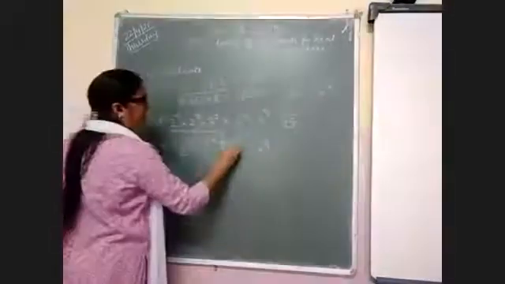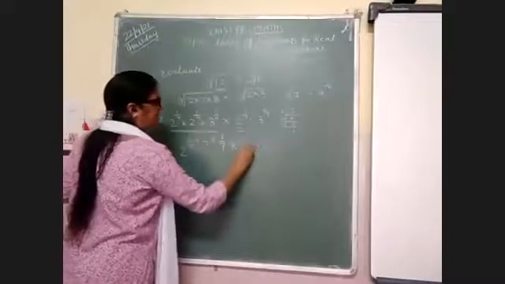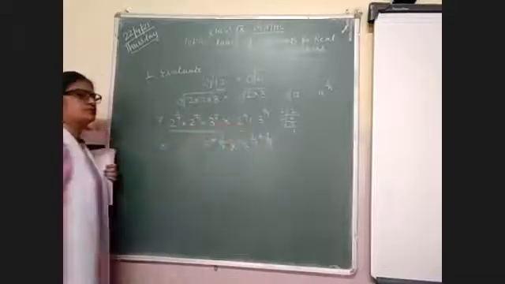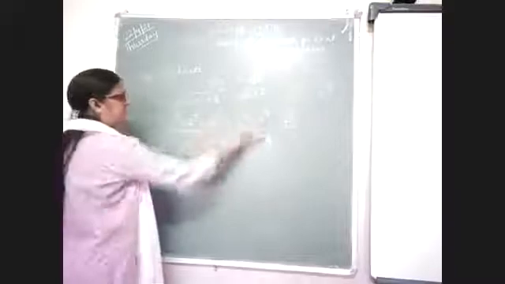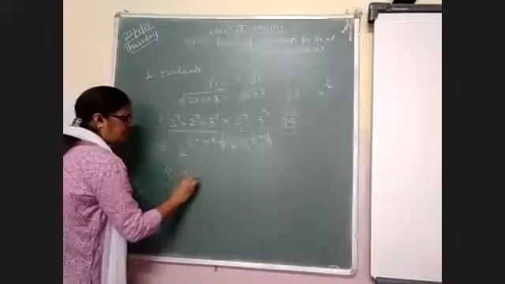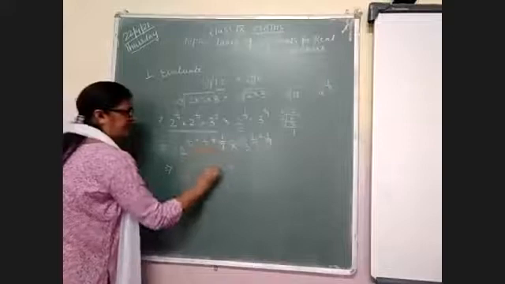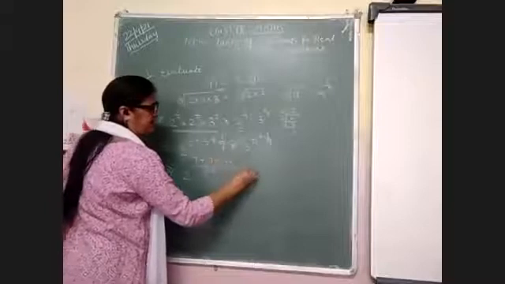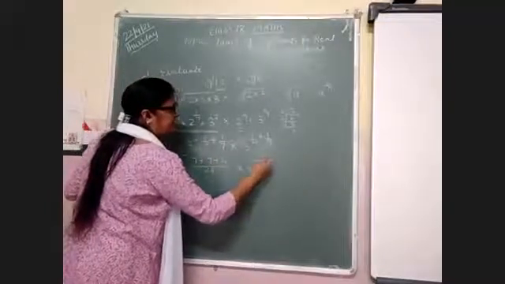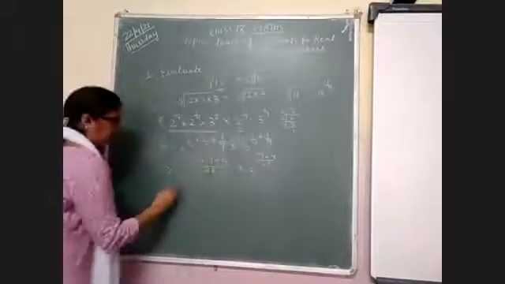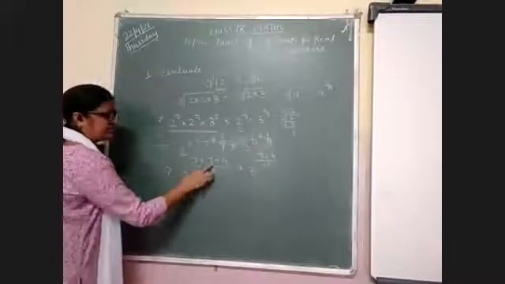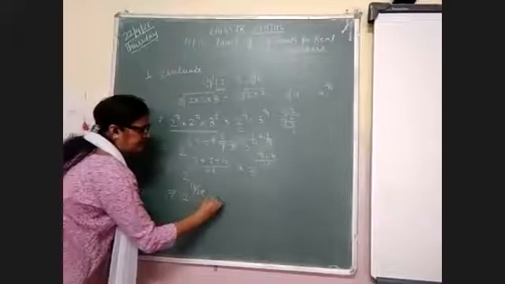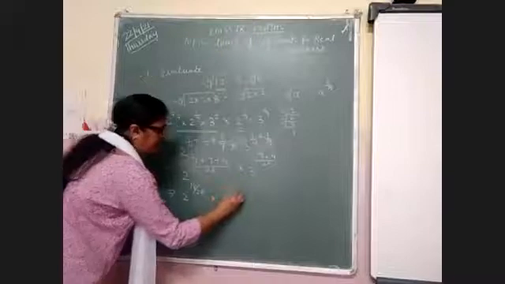Now multiply 3 raised to the power 1 upon 4 plus 1 by 7. Here the base is also equal, base is 3, so powers are added together. Now take the LCM. LCM is 28: 4 sevens are 28 and 7 fours are 28. Take the LCM for this one also. So it is equal to 7 plus 7, 14, plus 4, 18. 18 by 28 into 11 by 28.